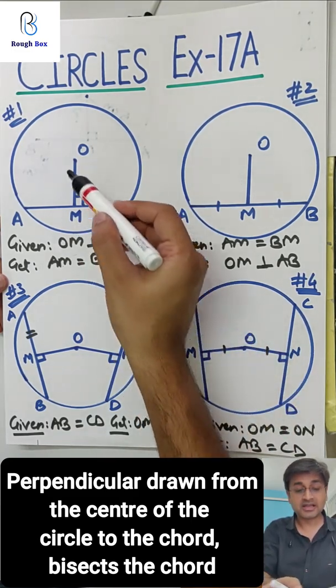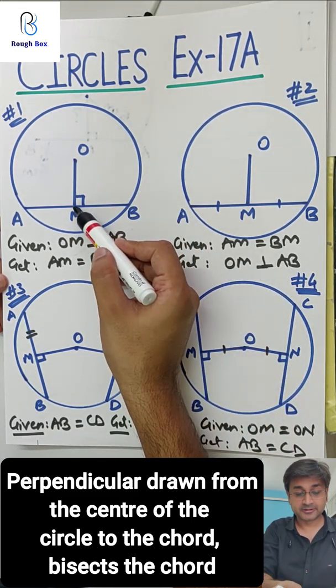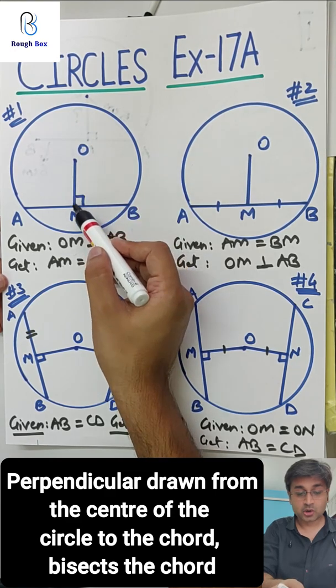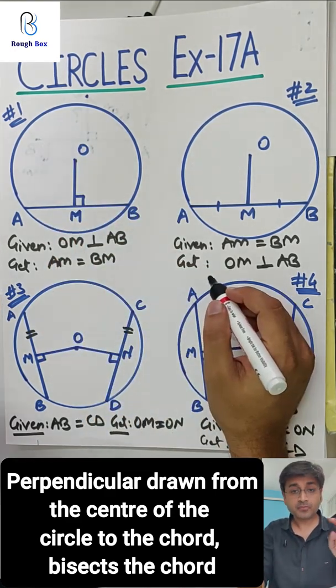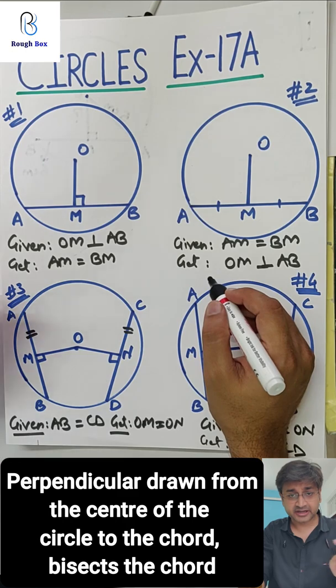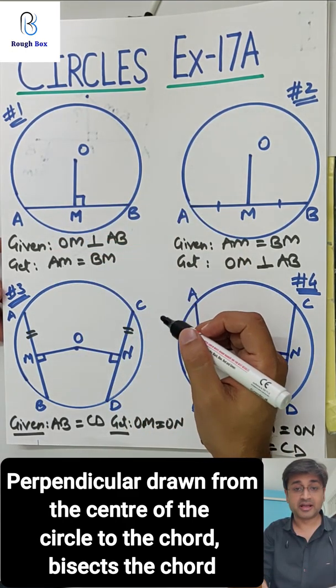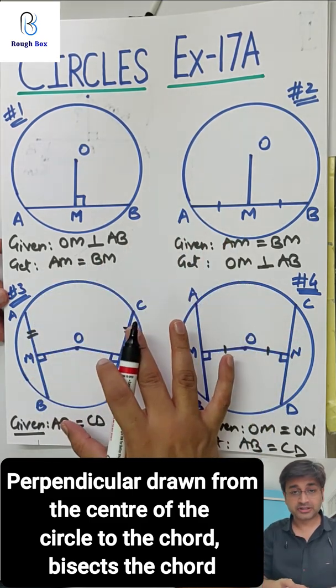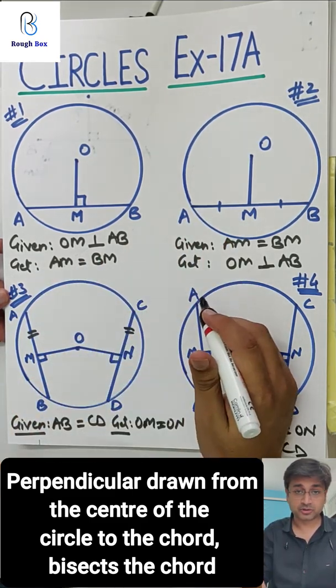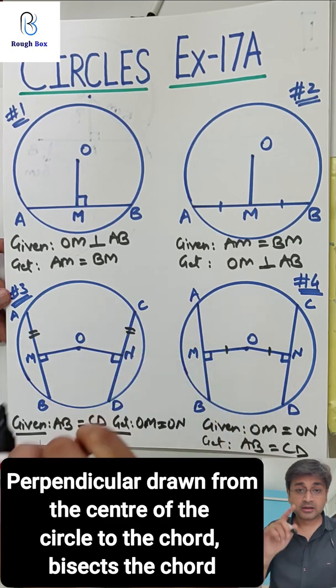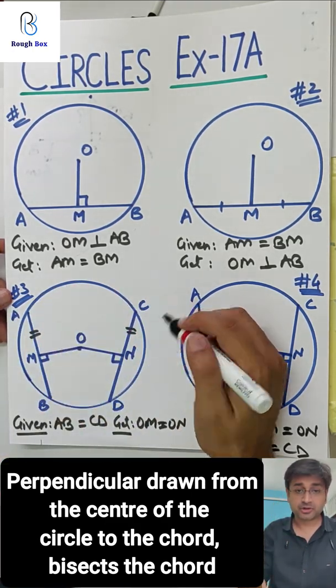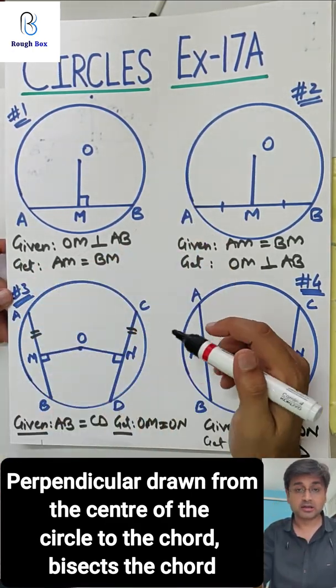So the first one says, perpendicular drawn from the center of the circle to the chord bisects the chord. I would prefer you writing this right now with me while I dictate, so you start learning. Draw the diagram as well. You will see the list of all these 4 properties in the description box also. You can download it, take a printout and put it on your softboard, so every time you can see and you can start learning from it.